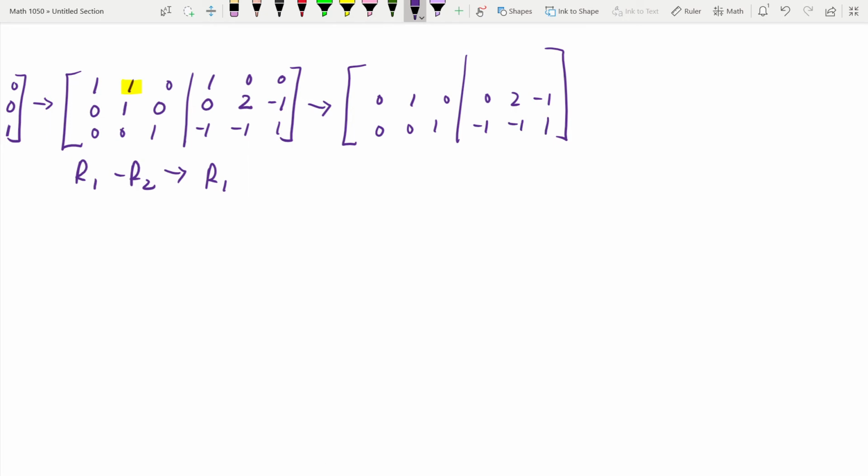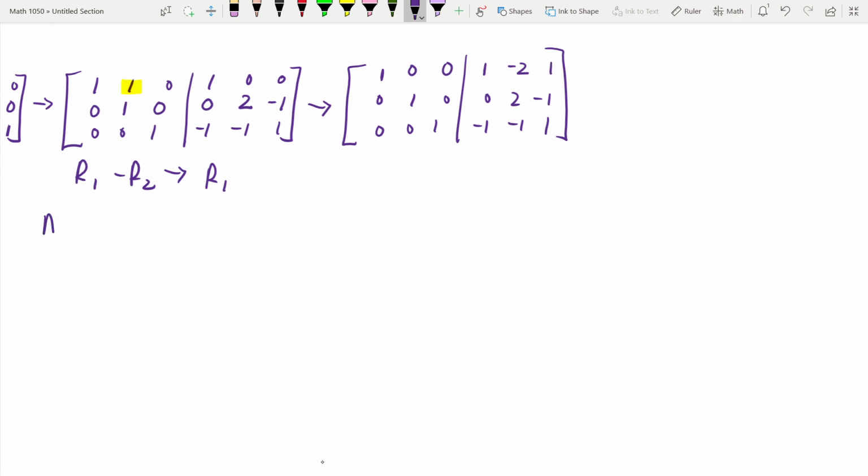Row 1 minus row 2. 1 minus 0, 1. 1 minus 1, 0. 0 minus 0, 0. 1 minus 0, 1. 0 minus 2, negative 2. 0 minus a negative 1, that's 0 plus 1, which is a 1.